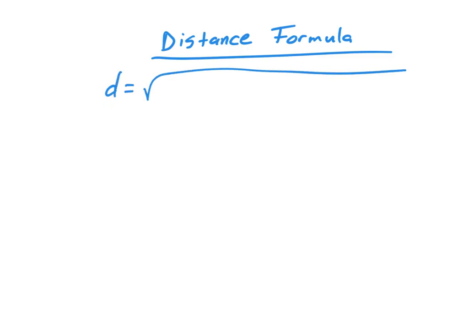I'm going to give you the good old generic distance formula. x2 minus x1 squared plus y2 minus y1 squared, and we take the square root of the whole thing.